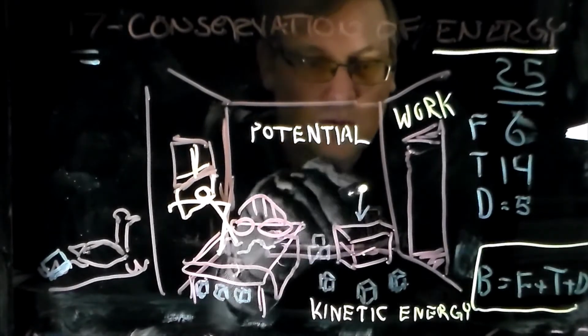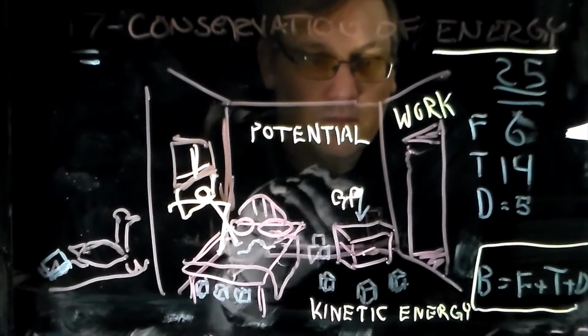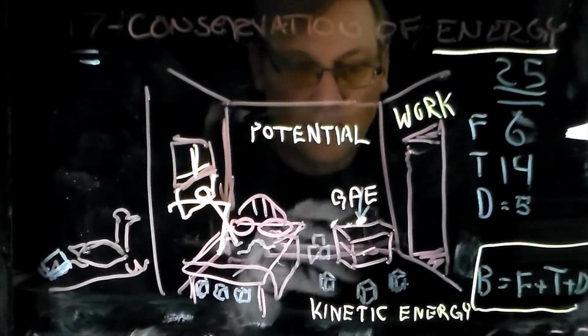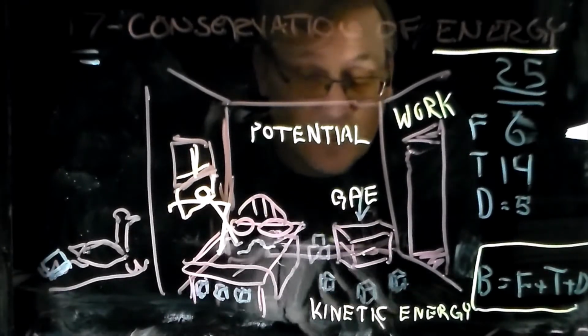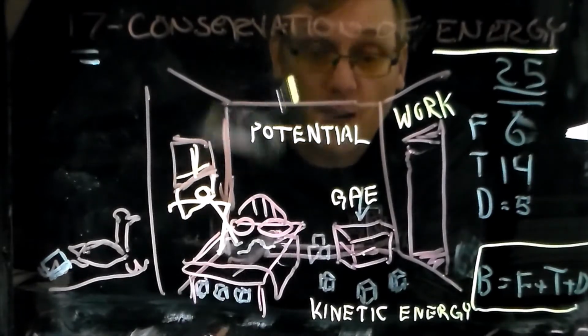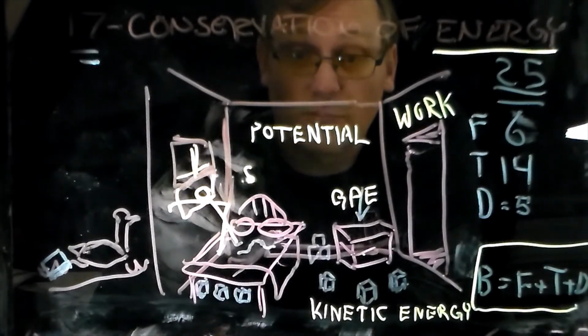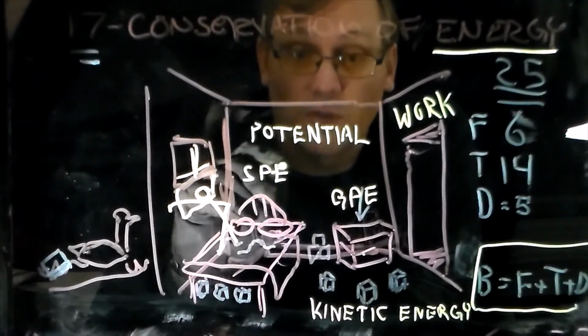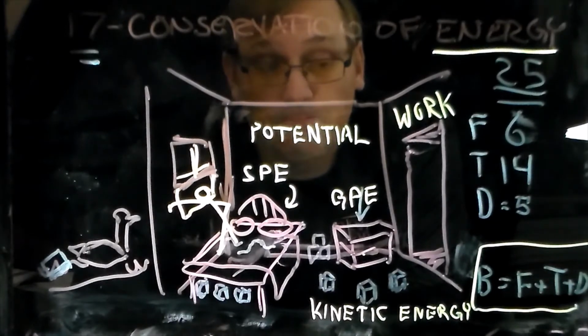So let's say this is the gravitational potential energy here, because there's only one way to put things in it. You can put things in and you can take things out, but that's about what you can do. But you can put things either up on top or down on the bottom in the bed. So the bed is like, let's say, the spring potential energy. If you have a spring, that also has a potential energy, and we'll talk about that in a moment as well.